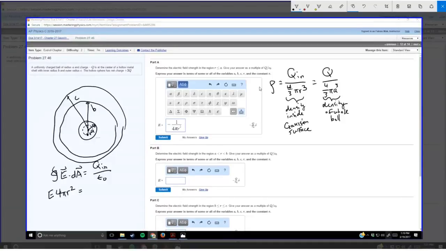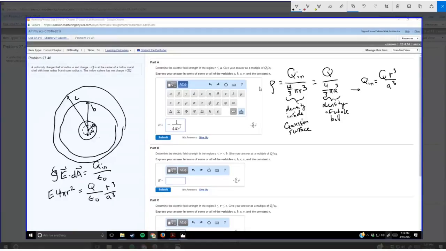We want to know what Q in is in terms of big Q. So Q in, the 4/3 pi's will cancel. So essentially what you get is Q r cubed over a cubed. So it's essentially this ratio. So this will be Q over epsilon naught times r cubed over a cubed.